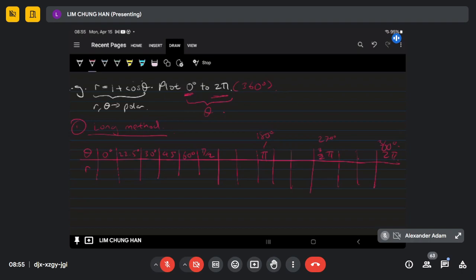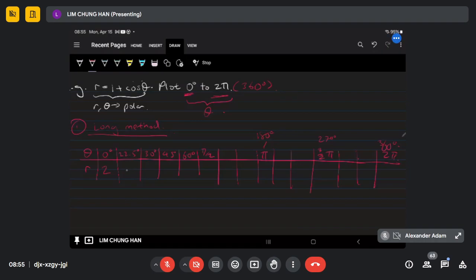Okay, let's do 0 degrees first. When theta is 0 degrees, what is r? 2. Yeah, 2, correct.